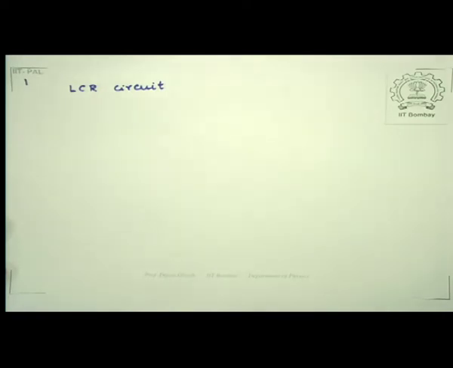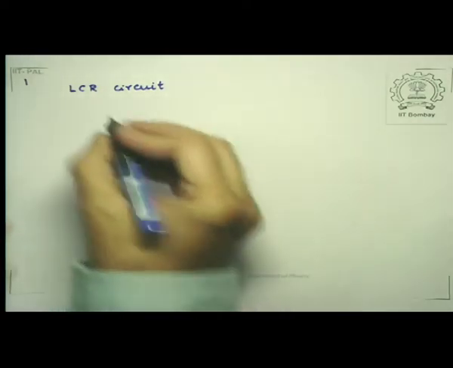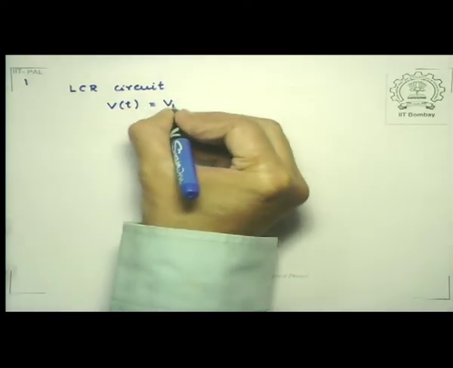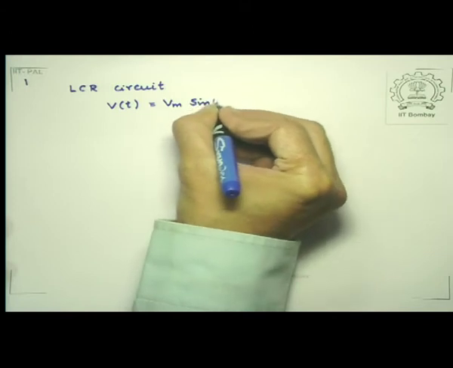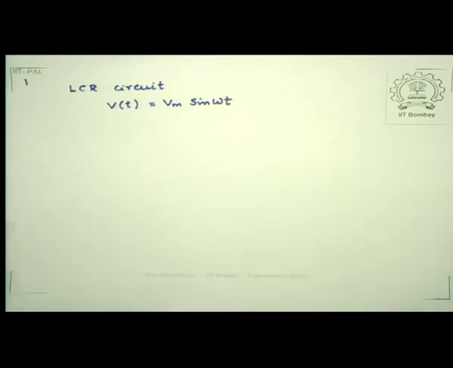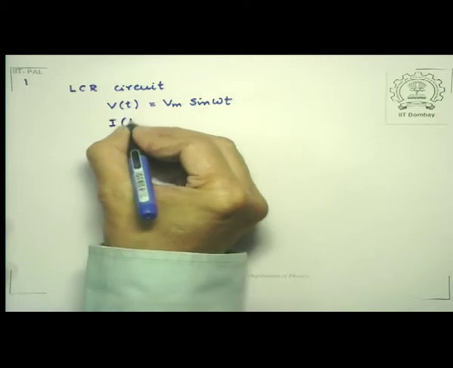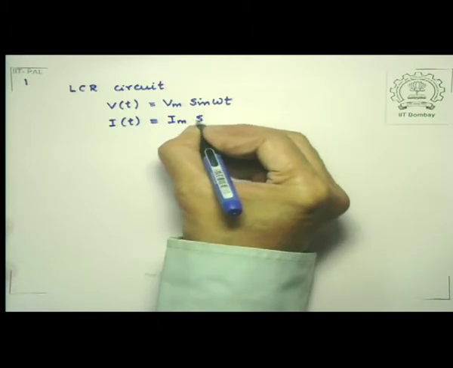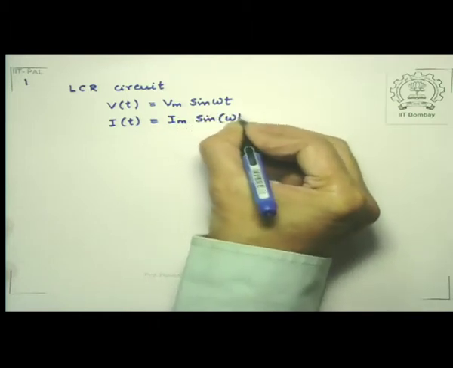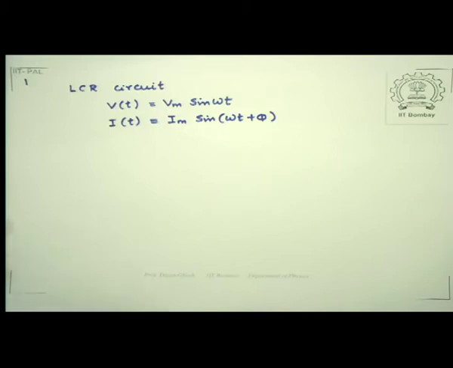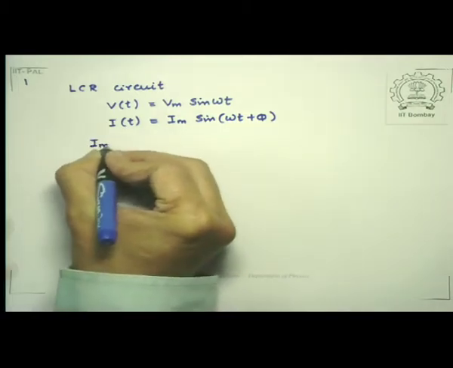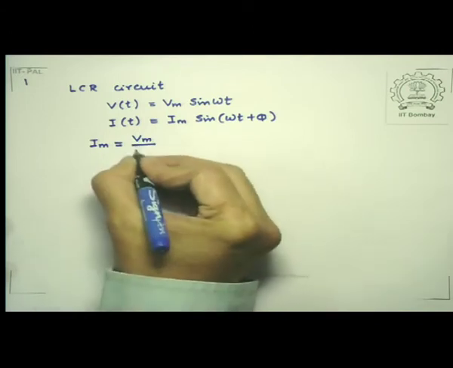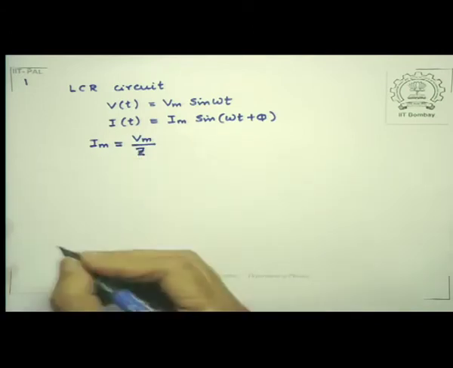Recalling that when we have a voltage variation given by V of t equal to Vm sin omega t, the corresponding current will be given by Im times sine of omega t plus phi, where the current amplitude Im is given by the voltage amplitude divided by the impedance.